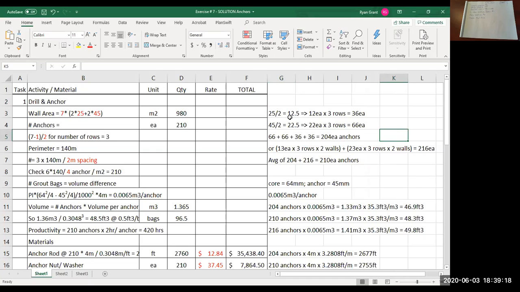If you did that same calculation and rounded up, so rounding 12.5 up to 13 and rounding 22.5 up to 23, multiplied by 3 rows each, that would have given you 216 anchors. So like I say, as long as you got either 216, 204, or 210, I did not take marks off.